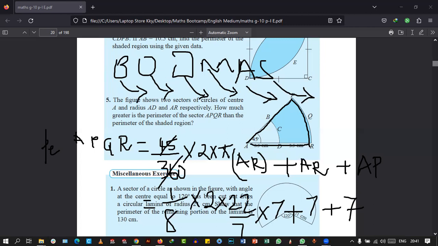Why I am telling you this is that we cannot add this 7 and this 7 here. That is where students make mistakes. They might think, okay, 7 plus 7 is 14, plus 7 is 21, so all these things will be 21. No, that is wrong. Why?